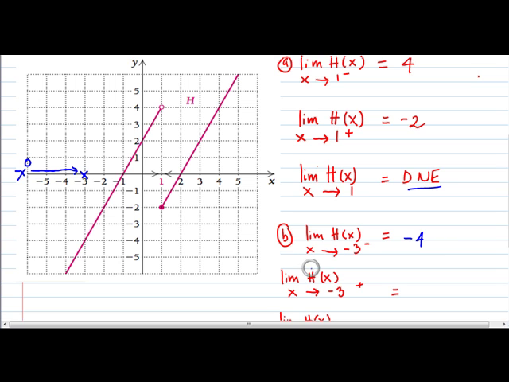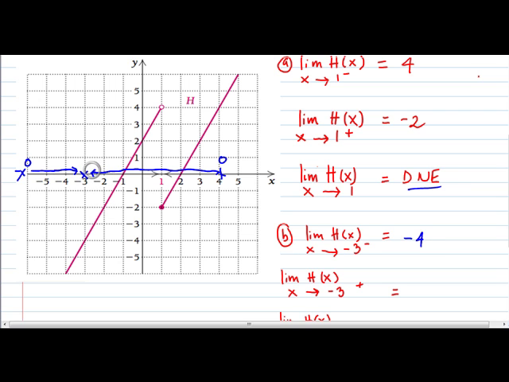Then we look at our limit when x approaching minus 3 from the right. So here's me again, approaching minus 3. Remember, this arrow here means approaching very close, but not exactly minus 3.